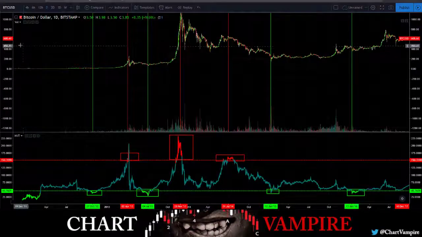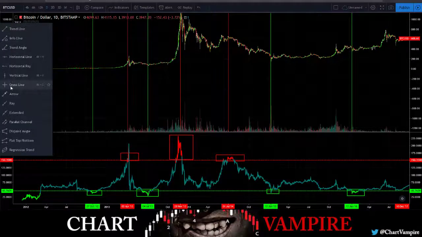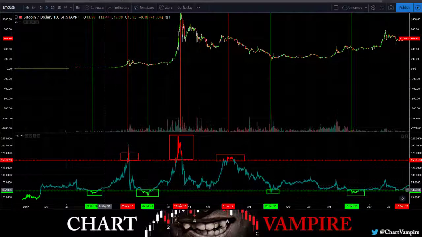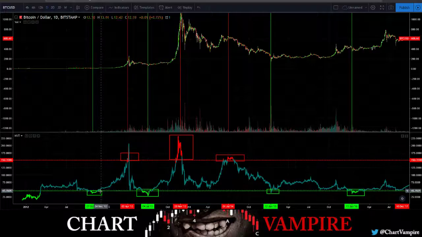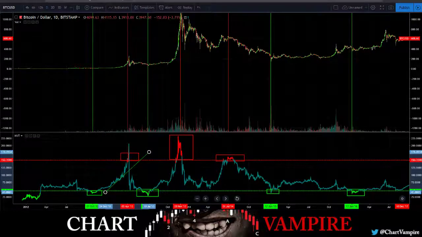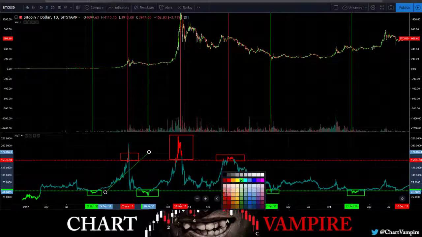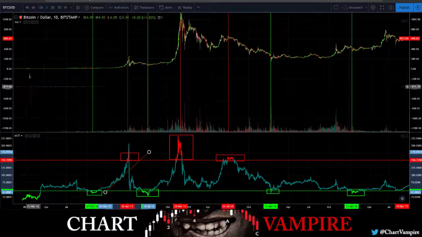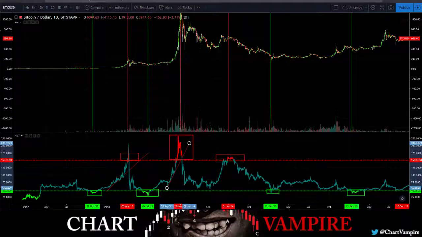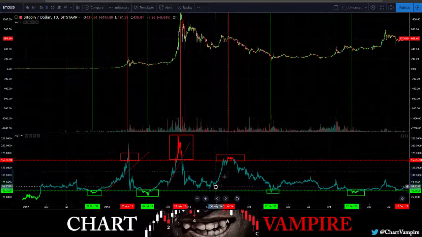Once we get these tops and bottoms all sorted, we want to start throwing some trend lines in here. You would have used this trend line. This would have been your shorting trend line. You would have been looking for the short, same thing.